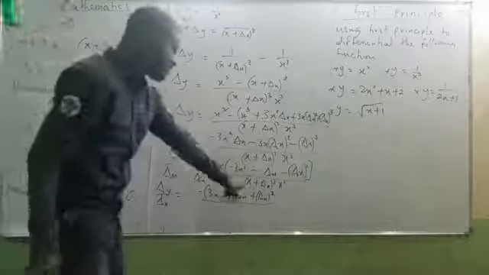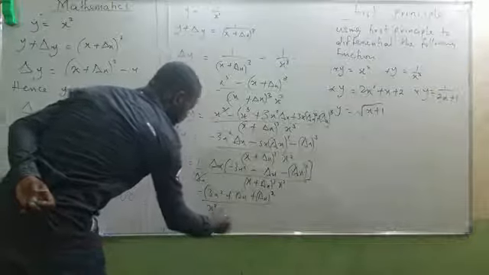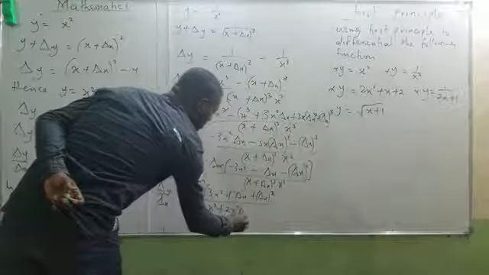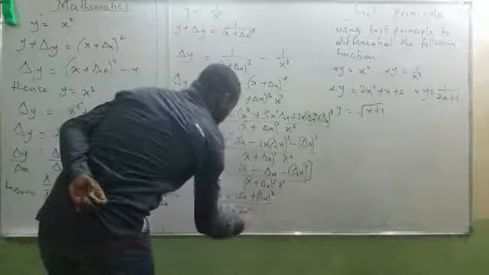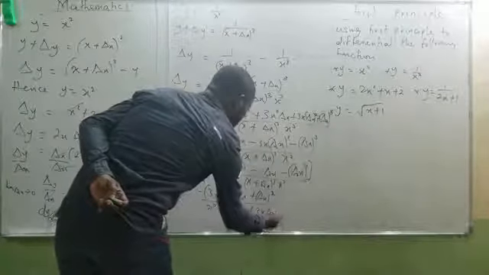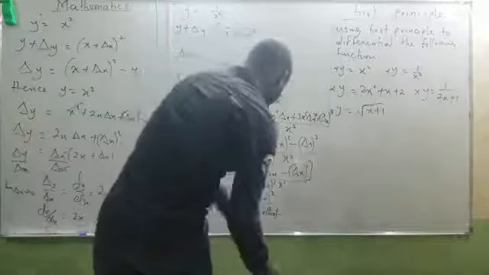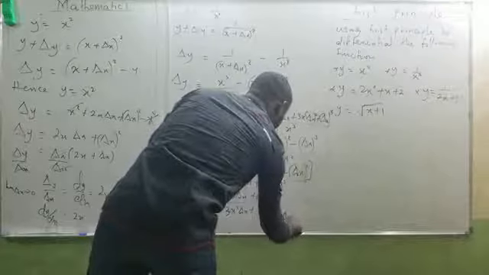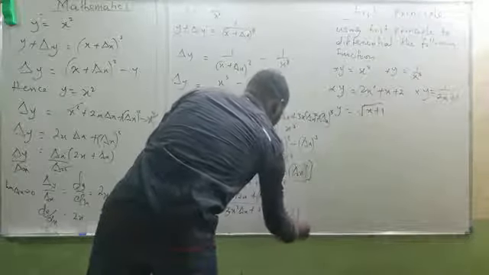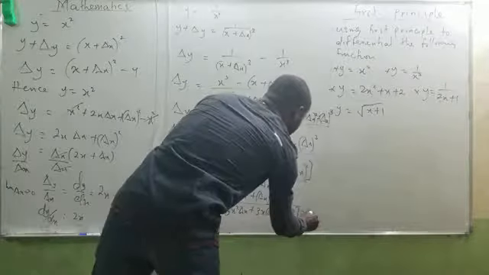Now, if I should expand this, I'll be having x cubed plus 2x squared delta x plus, see, this is going to be 3x delta x squared plus delta x all cubed, close brackets, which is going to be all over x cubed.